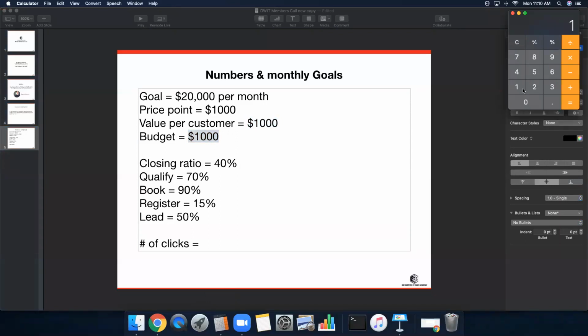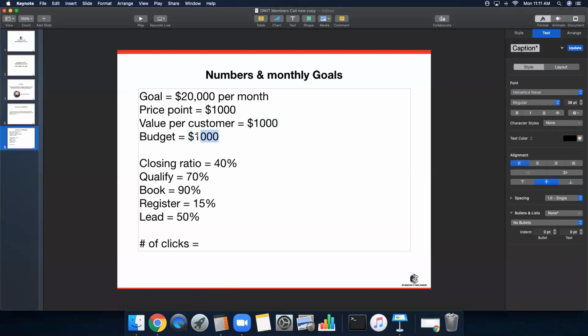So $1,000 divided by 20, I think it's 50 dollars? No, that's not right. Yeah, there we go. 50 cents a buyer? That's probably not going to happen, right? So 50 cents a buyer, probably not going to get you there. $1,000 getting you a 20K return, not going to happen with this particular model. So you can see that this goal is unachievable.